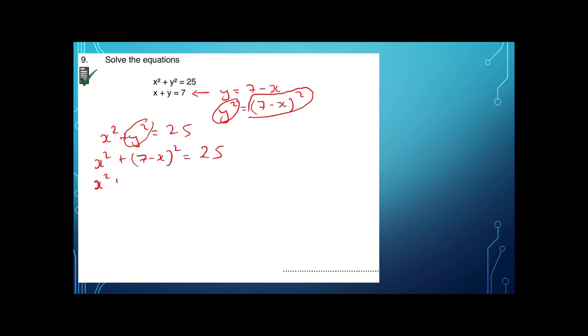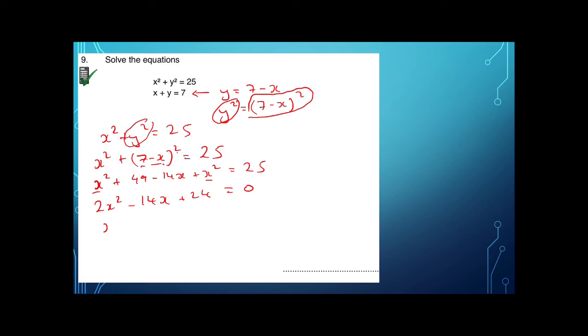Okay, so let's expand that bracket. So 7 squared is 49 minus 2 times 7 times x, which is 14x, and negative x times negative x is positive x squared, and that equals 25. x squared plus x squared is 2x squared minus 14x, and then 49 minus 25 is 24 plus 24, and that equals 0.